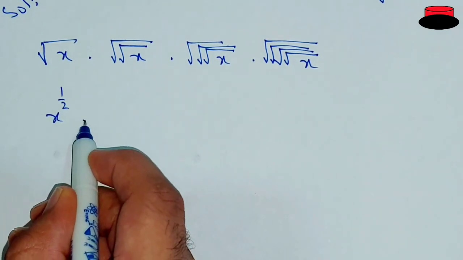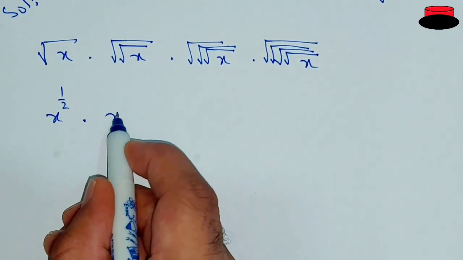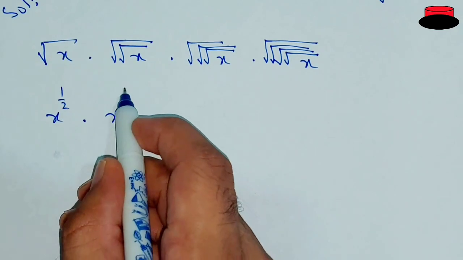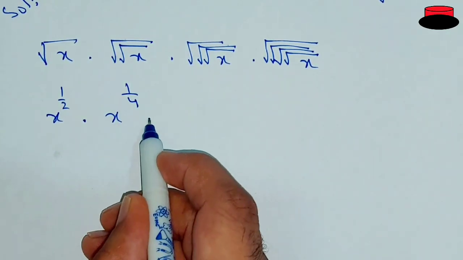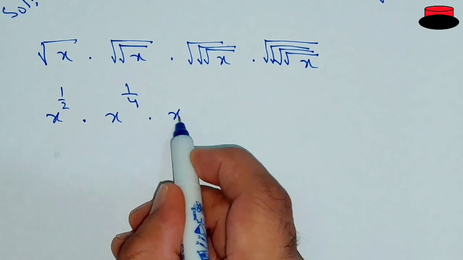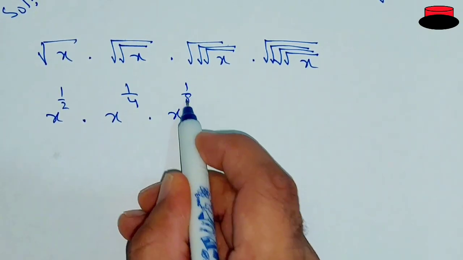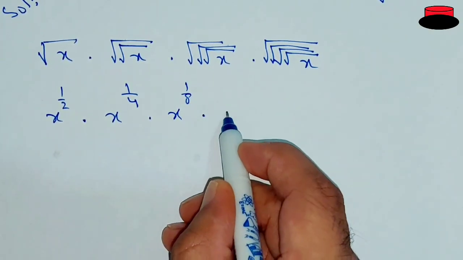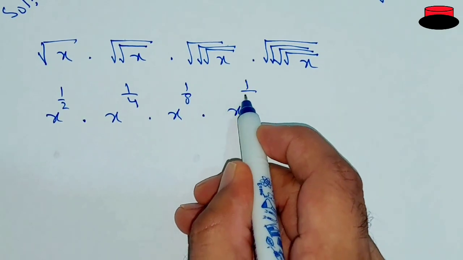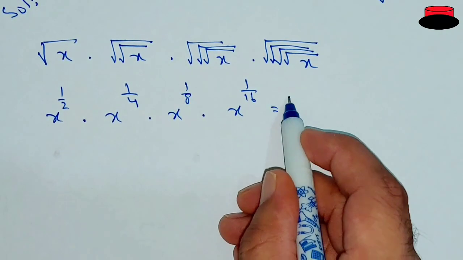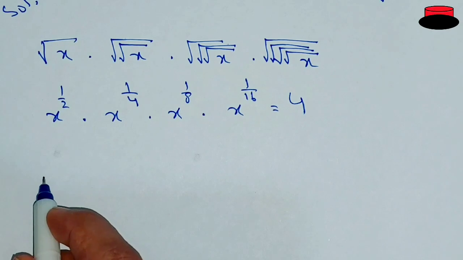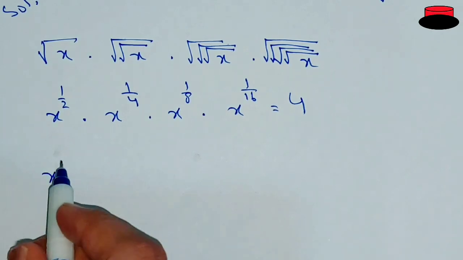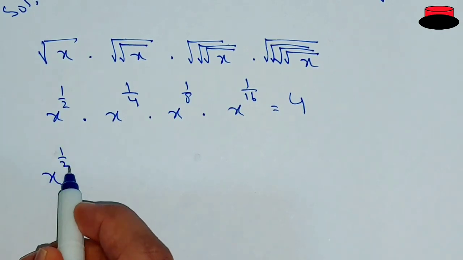So for this one, we are going to say x power 1 over 2, and x power, we have 2 roots, it means 1 over 2 into 1 over 2, so it will be 1 over 4. So here we have 3 roots, it means x power 1 over 8, and here we have 4 roots, it means x power 1 over 16 equal to 4.